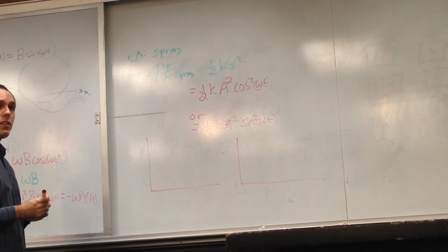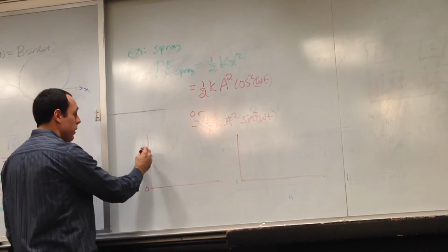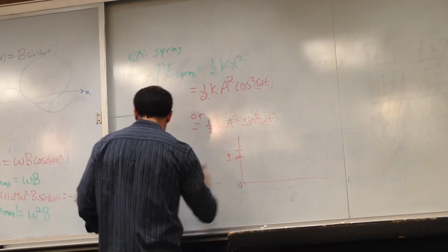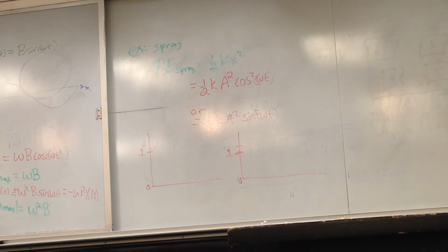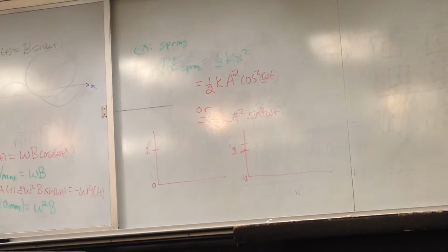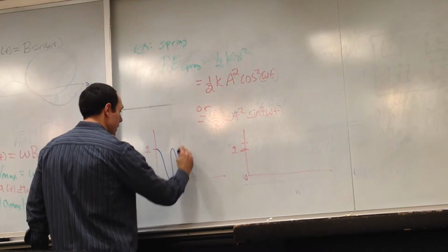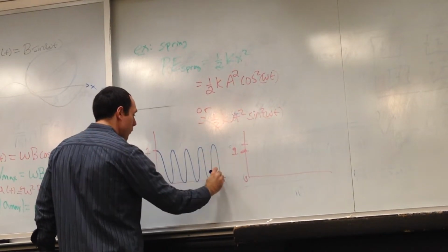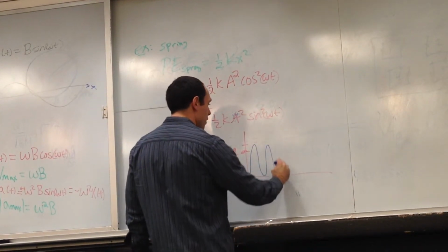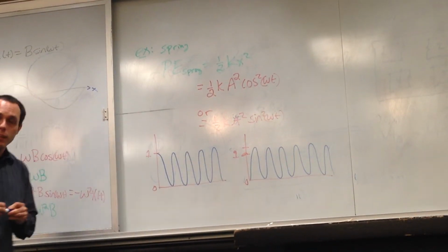If this was sine squared, by sine squared I'm just doing sine squared, not A sine squared, it's going to be bound from 0 to 1, or the same for cosine, 0 to 1. Remember, this is what a cosine looks like, but a cosine squared is going to look like this. And if we just continue it on and on, this is basically what it looks like. Sine squared is going to look like this. And if we continue it through multiple oscillations, this is what it's equivalent to.